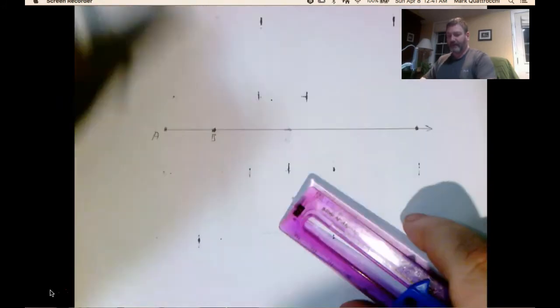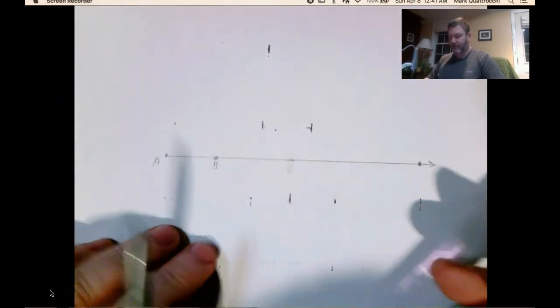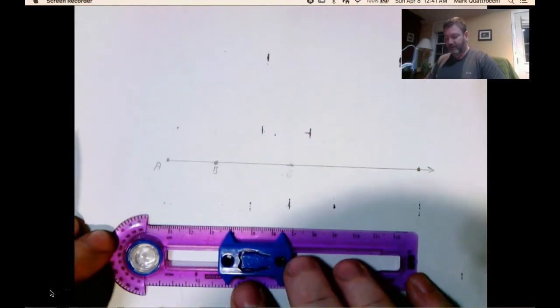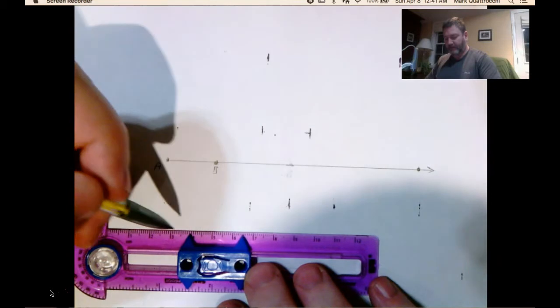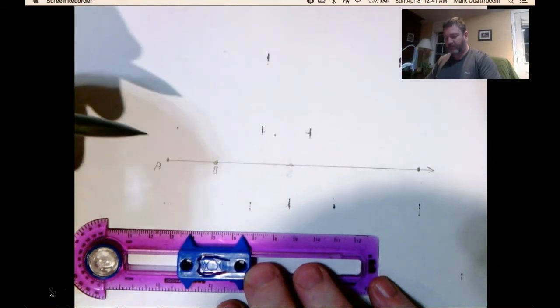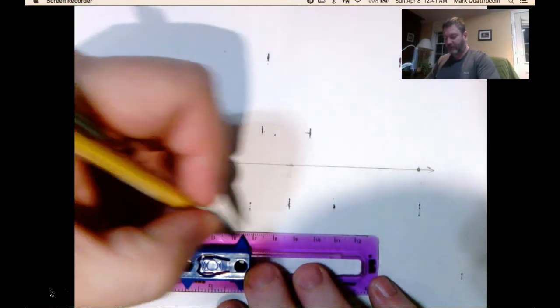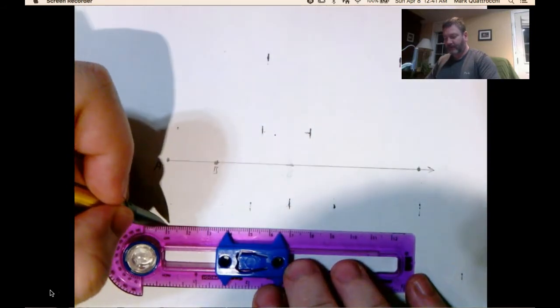But if the length of AB is bigger than 10 centimeters, and this is going to be tricky to illustrate, I'm actually going to not use the centimeter scale this time.